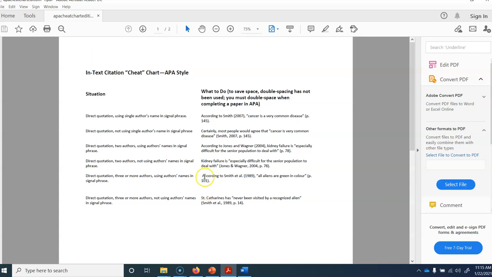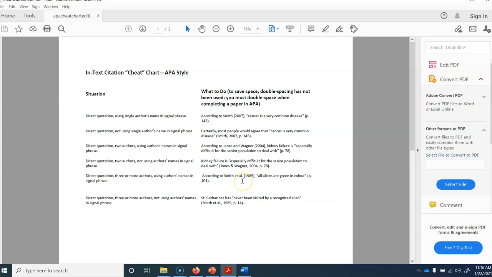So let's take a look at the example. Let's say this is coming from an article with 10 authors. The first author that is listed is Smith. I say, according to Smith et al., then year of publication after the name. I go into my quotation, and then I put my page number after the quotation.